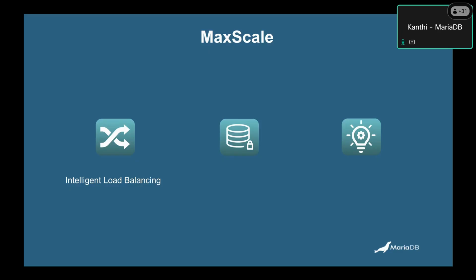It has a read-write split offering, which means any query that comes to MaxScale, it is able to read through the query and identify whether it is a write operation or a read operation, right? Accordingly, it is able to split the queries and intelligently route them to the write node as well as the read node. That way your load is well balanced without compromising on performance.